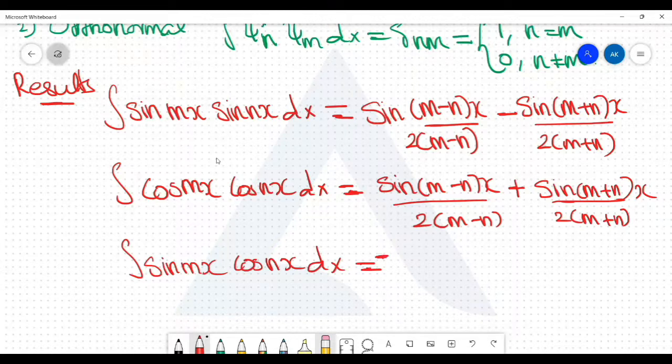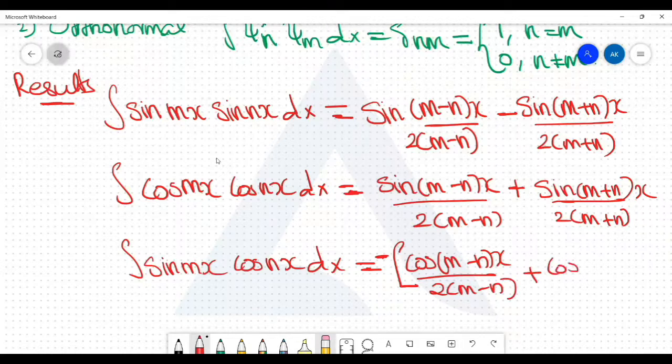Now it is minus of cos (m minus n)x divided by 2(m minus n), plus cos (m plus n)x divided by 2(m plus n). So these are the results.